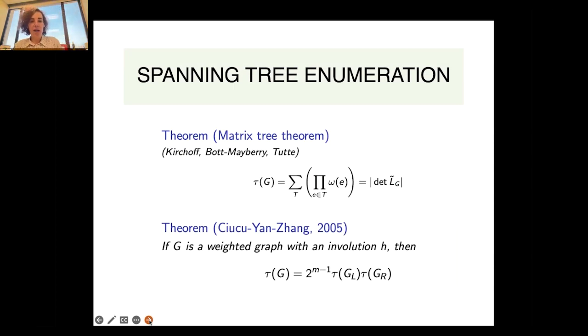Now, the good news is that people working in graph theory are independently interested in studying spanning tree enumeration. There's a group of authors, Chu, Yan, and Zhang, who wrote down a product formula for the number of spanning trees of a graph with an involution, the formula you see on the slide. It's the number of spanning trees of a left graph times a right graph, for a certain way of breaking the graph into a left and right graph.